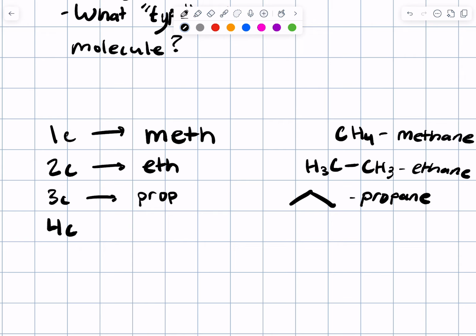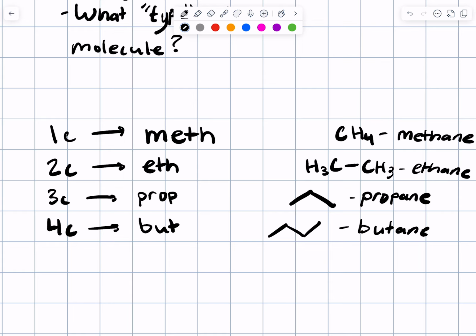And then if I have 4 carbons, that is going to use the prefix but. For example, if I have a 4 carbon chain, that is butane. Also a molecule that we're pretty well acquainted with. That's lighter fluid, if you didn't know. So methane, ethane, propane, butane.